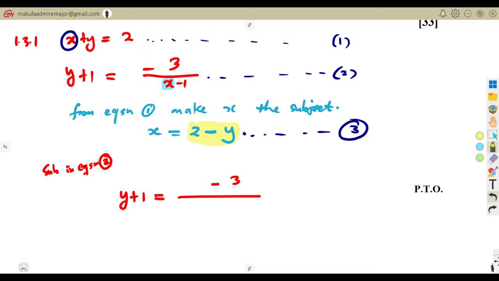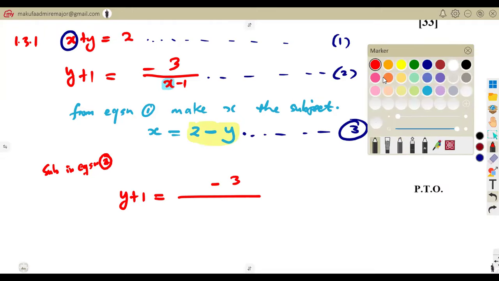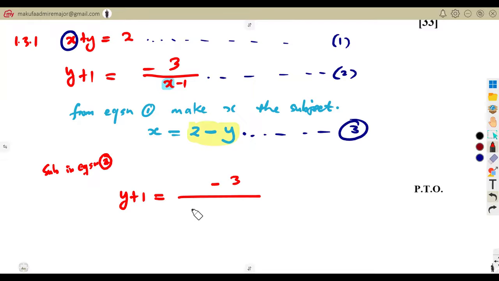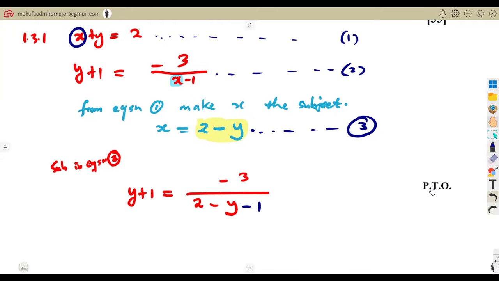The whole of this part that we see here, which is 2 minus y, in place of x. But we're seeing that there's a -1 that is remaining, this one. So we are supposed to subtract also that. So there is a -1 that we are having there.